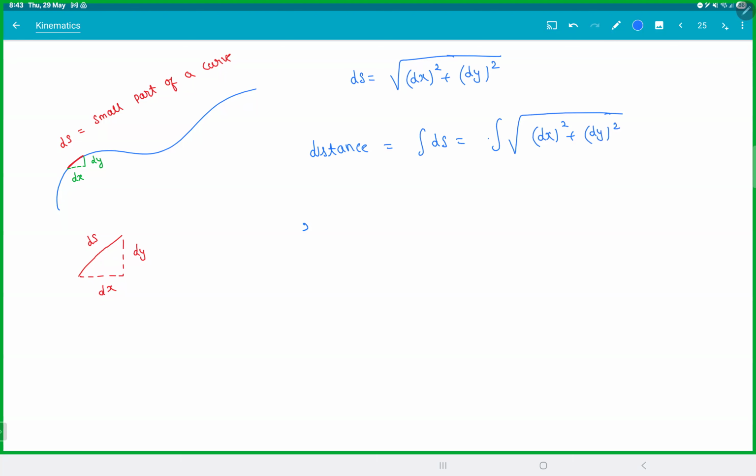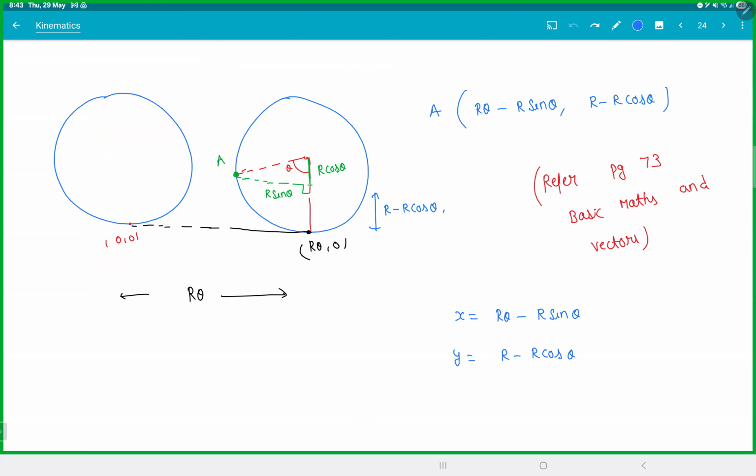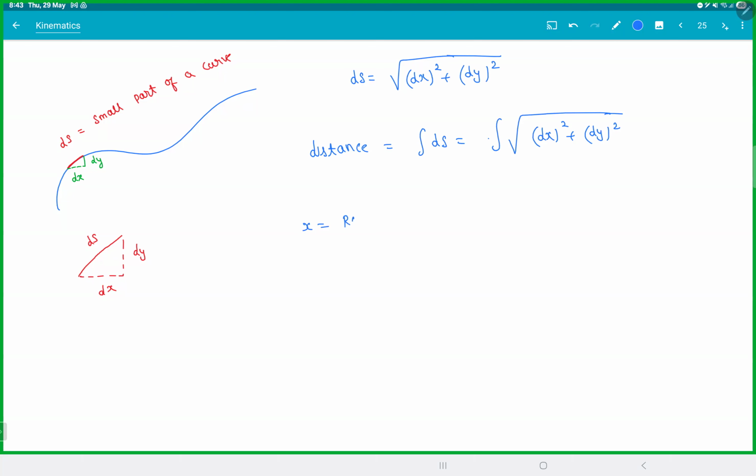Now in our question, x is given as r theta minus r sine theta. Y is given as r minus r cos theta. Differentiate both with respect to theta. dx by d theta will be r minus r cos theta.